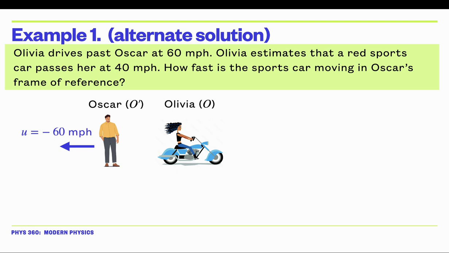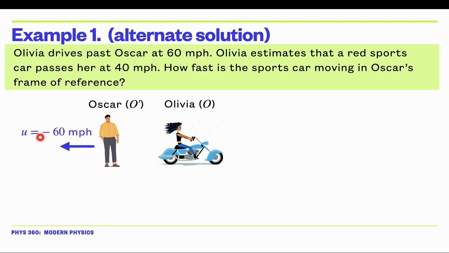Since Olivia is now in the O frame, we need to know what the velocity of Oscar's frame is relative to her. If she was moving at 60 miles per hour to the right relative to Oscar, Oscar will be moving at negative 60 miles per hour relative to Olivia. Again, we're in a frame where Olivia is stationary, so it looks like Oscar is going backwards by 60 miles per hour.